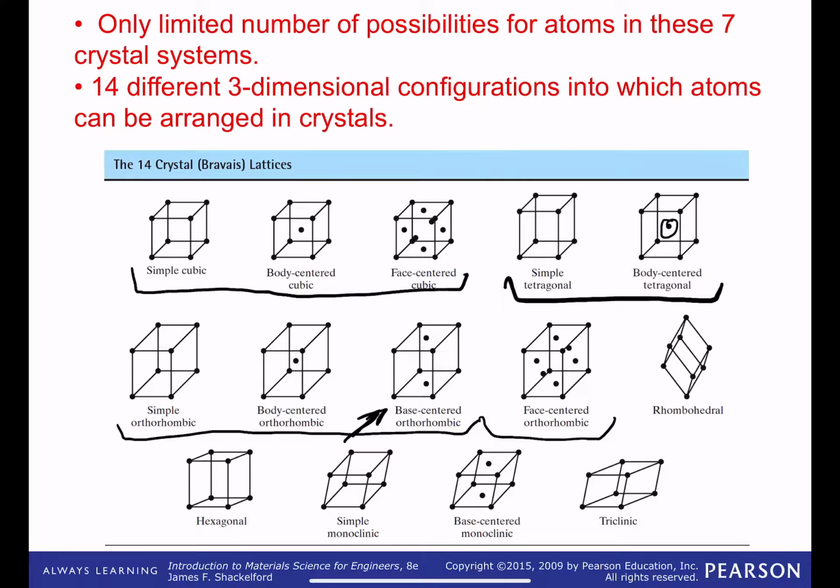And then rhombohedral, we only see atoms at each of the corners of that crystal structure. And hexagonal is, as you can tell, similar to our cubic system here, and we'll spend a little bit more time on that, seeing how that's unique and related to, for example, the face-centered cubic lattice in a moment.